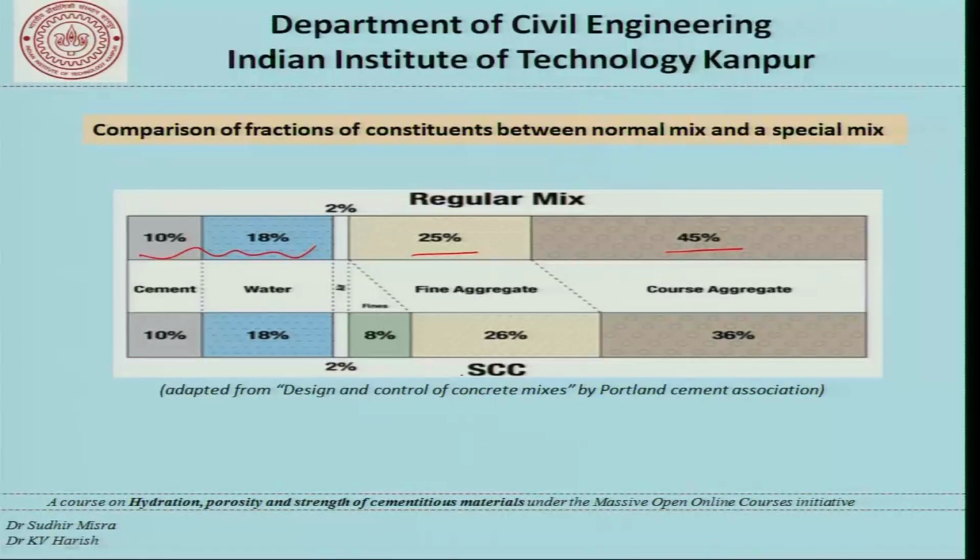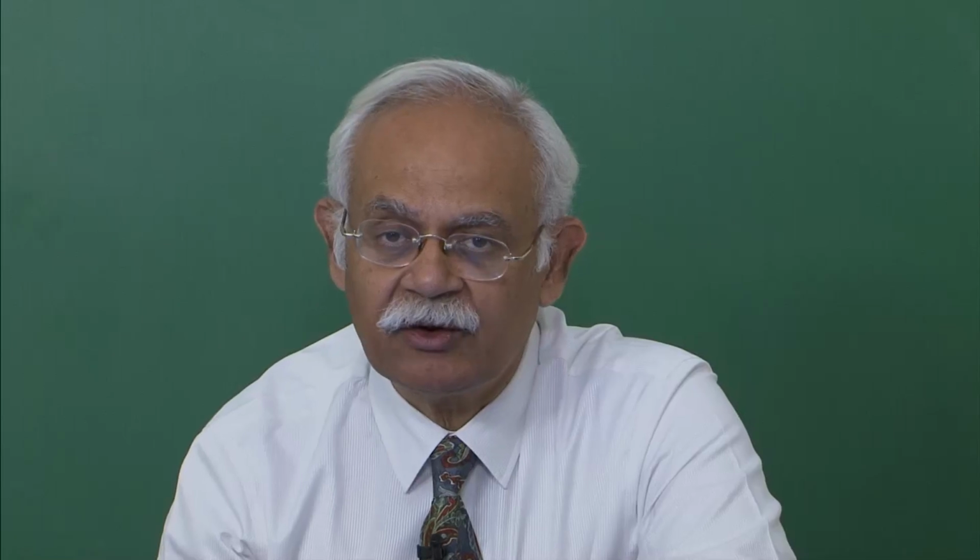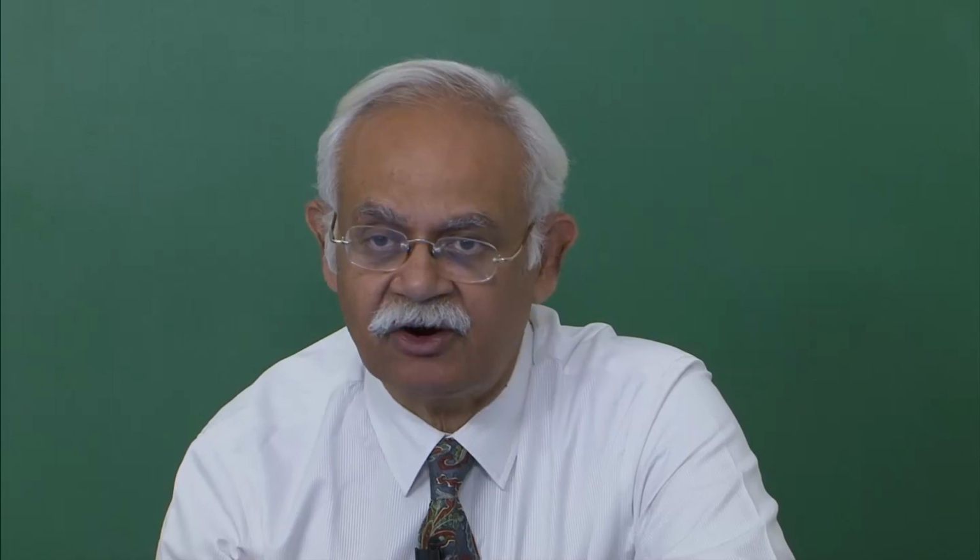Now for a special purpose, for example in the case of self-compacting concrete, the coarse aggregate fraction instead of 45% comes down to about 36%, and the sand remaining the same, about 8% of additional fines are added, so the total mortar content increases. So these are the kind of adjustments that we make when we go for the design of special concretes.